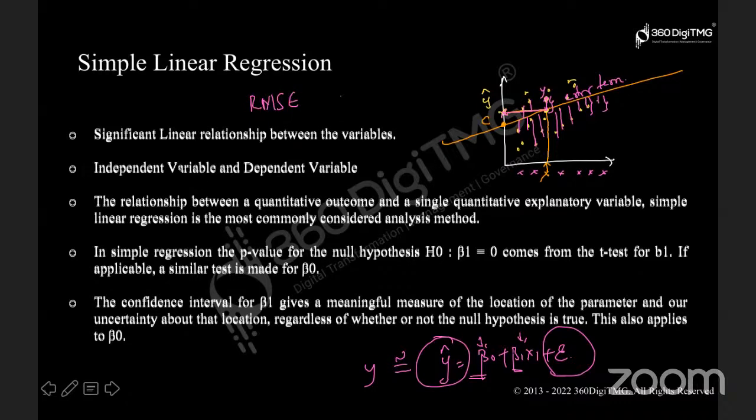You calculate your actual value y, you calculate the predicted value, you subtract it. y minus y hat is your error. But error can be positive, error can be negative. Both can happen.